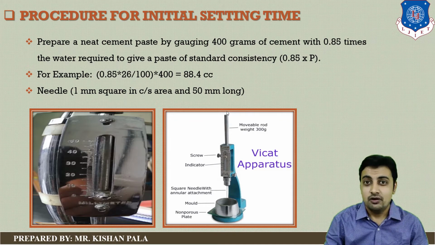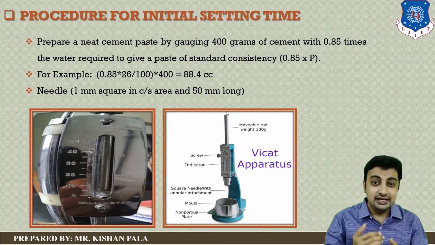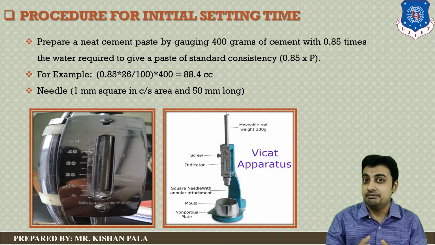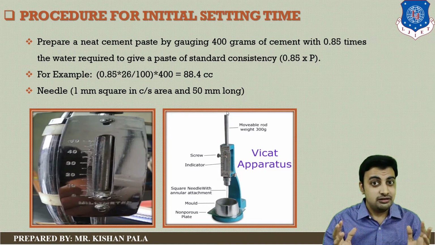with its own weight. As we know, at the starting time the cement paste has high liquidity. With increasing time it loses liquidity and its plasticity increases due to the removal of moisture content.